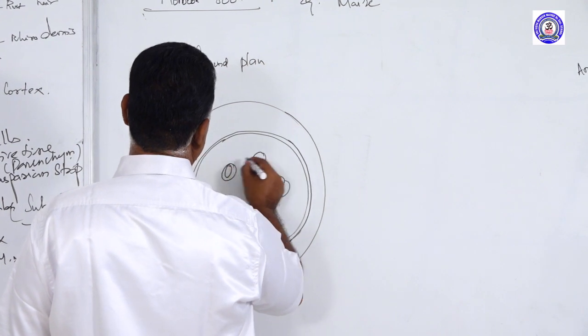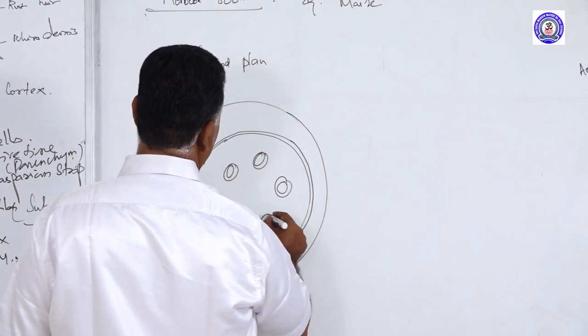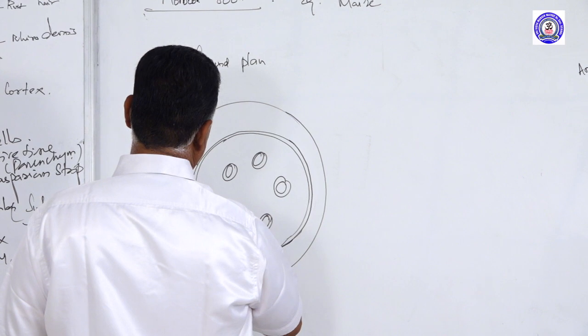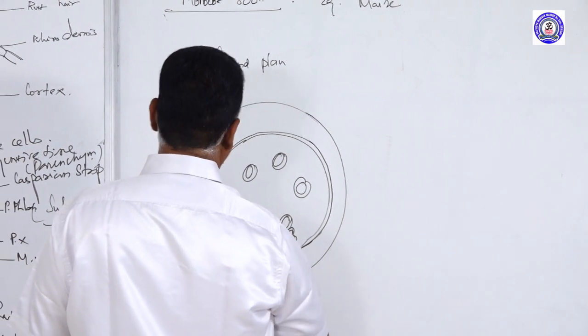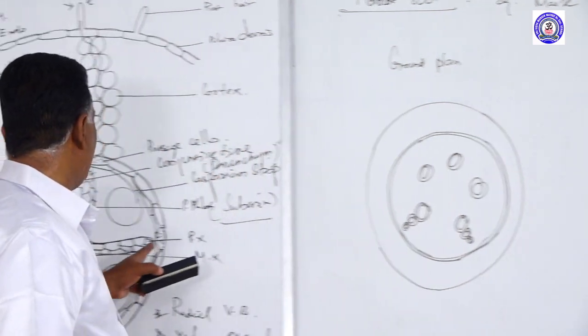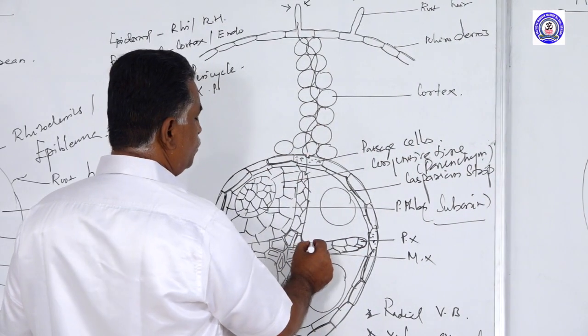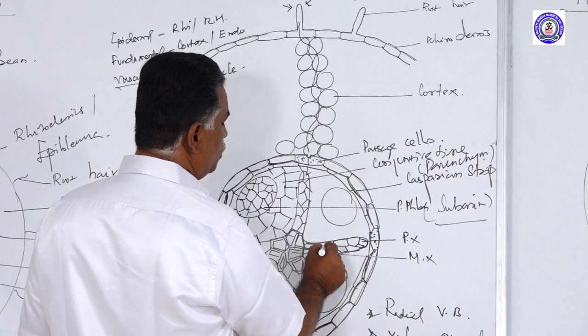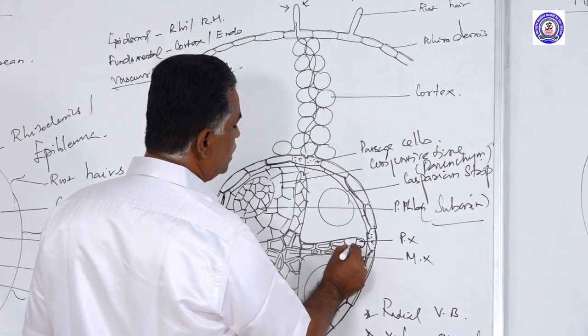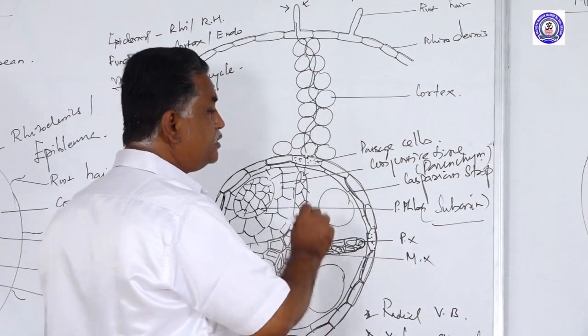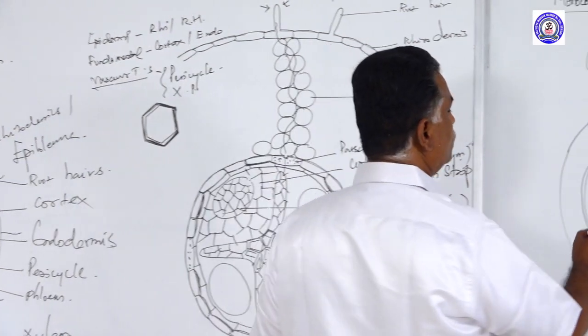These are xylem vessels. Metaxylem towards the center, protoxylem towards the periphery. You see in this case, protoxylem is towards the periphery and metaxylem is towards the center, that is called exarch. The same condition is found in the monocot also.